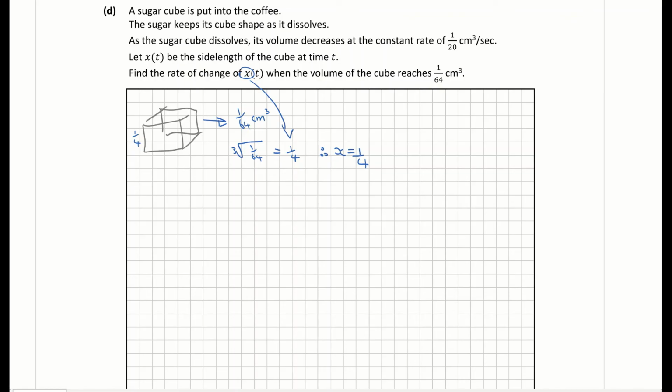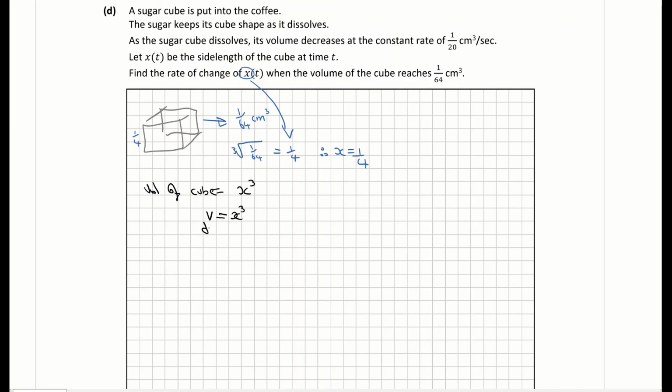We also know that the volume of the ice cube is given in terms of x, so that would be x by x by x. So the volume of the ice cube is x cubed. And if we were to differentiate, because we're going to need it here because it's talking about rate of change, so that's volume is equal to x cubed.